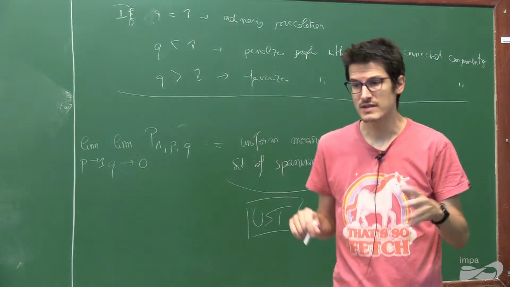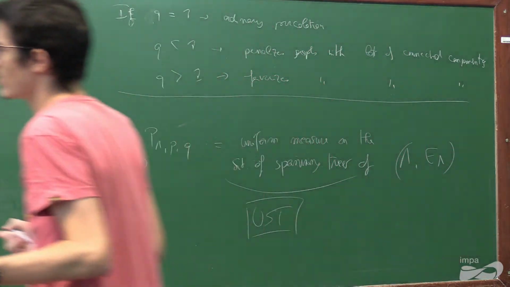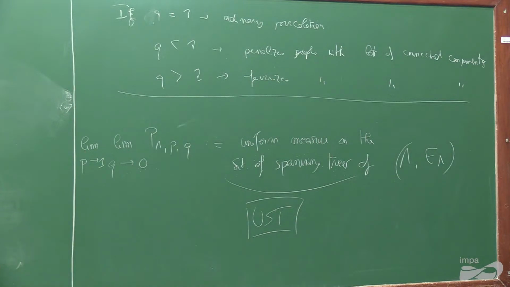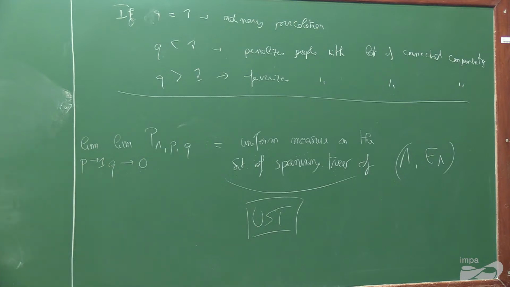In a sense, the uniform spanning tree is a special case of FK percolation, a bit degenerate in the sense that you have to take the limit when the parameters go to degenerate values, and you have to take this limit in a certain order.